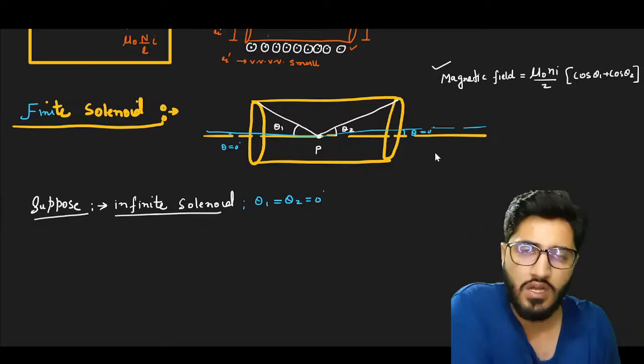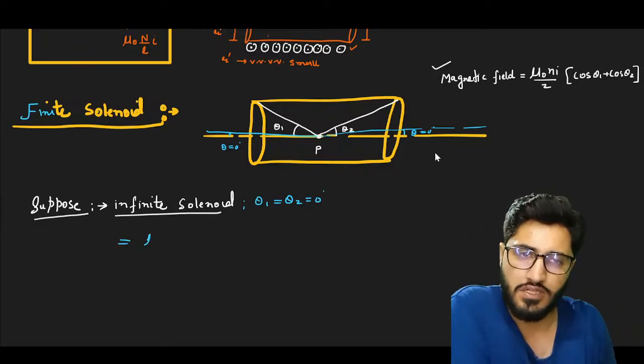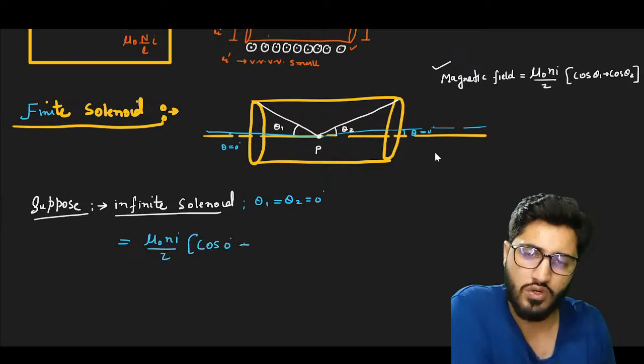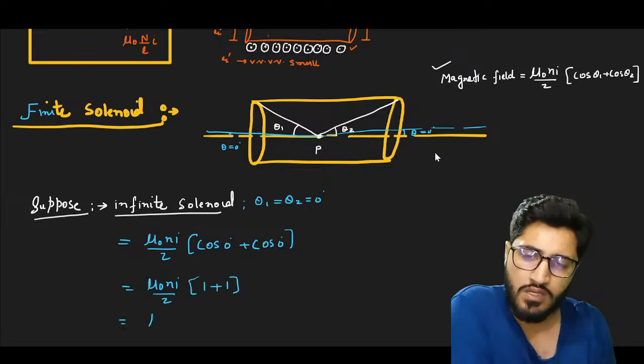Now write the thing in equation. It is nu naught Ni by 2 into cos 0 degree plus cos 0 degree. Cos 0 is 1, plus cos 0 is 1, so 1 plus 1 is 2, and the 2 cancels out. So it came out to be nu naught Ni.